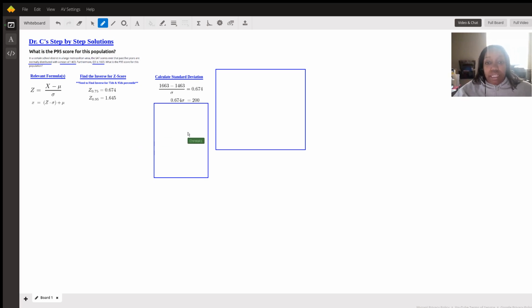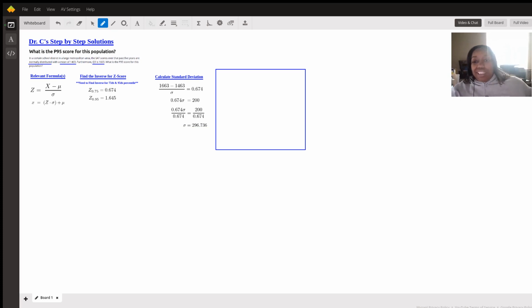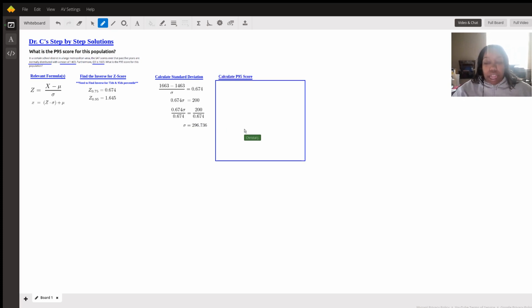So it gives us 0.674 times the standard deviation equals 200. From there, we pretty much divide by 0.674 on both sides, and that gives us a standard deviation of about 296.7359.